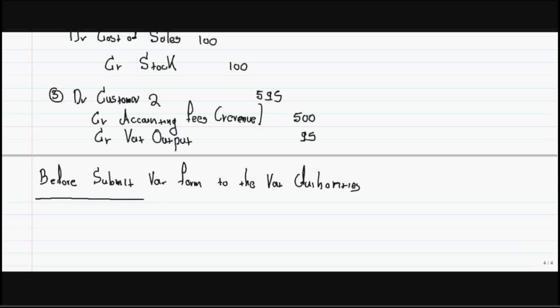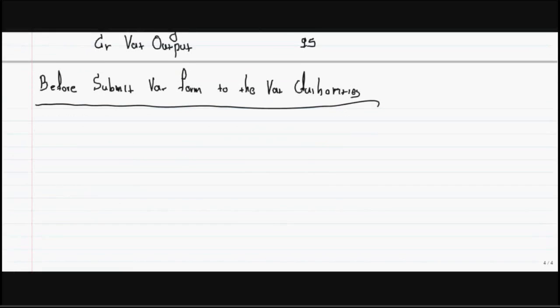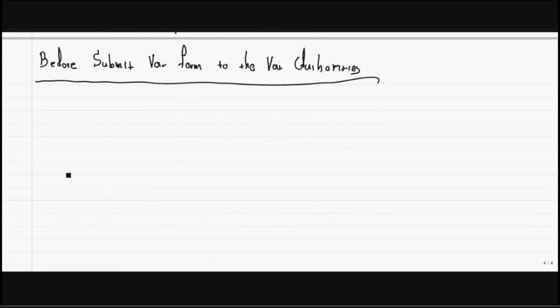After that, we need to make a simple entry. So let's move to our workings. Net sales. We made two sales, sale of an item and sale of services.